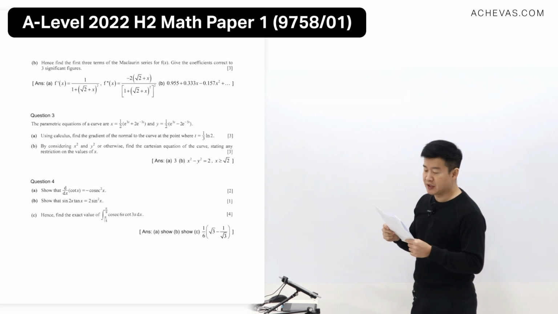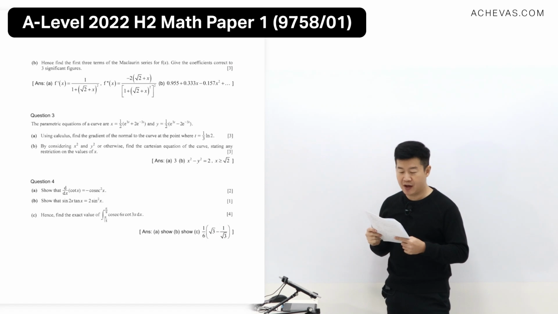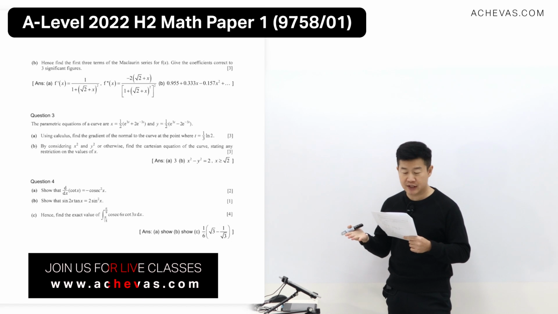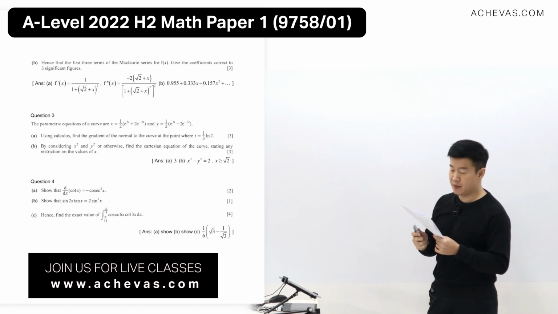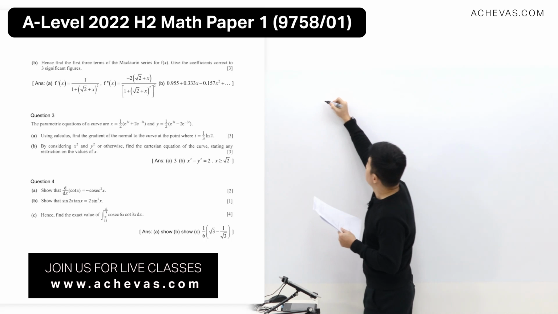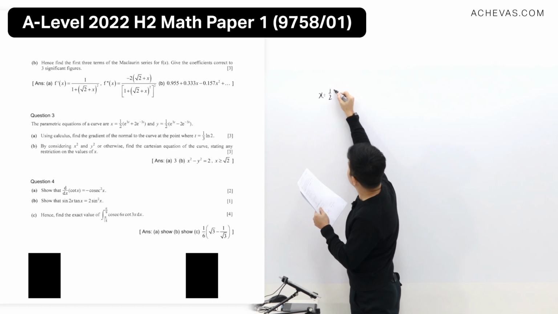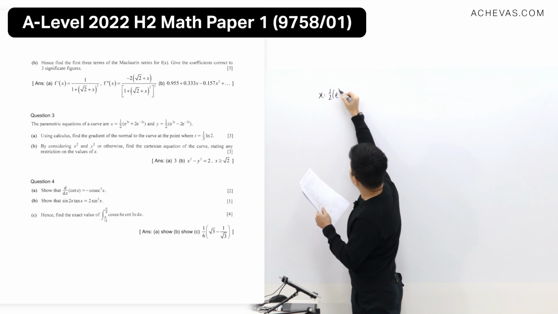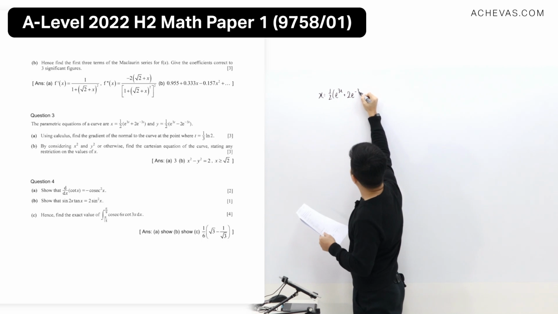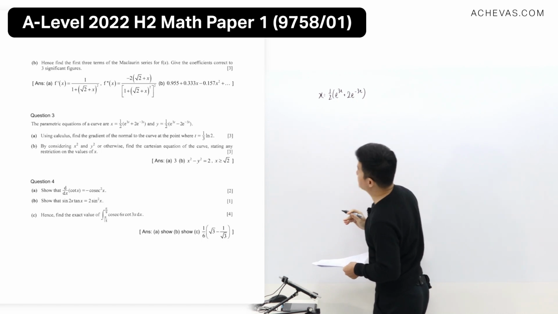So for question number 3, we are given a pair of parametric equations that represent a curve. Let me write down the 2 parametric equations first, okay? So we have x is equal to 1 over 2 e to the power of 3t plus 2e to the power of negative 3t.